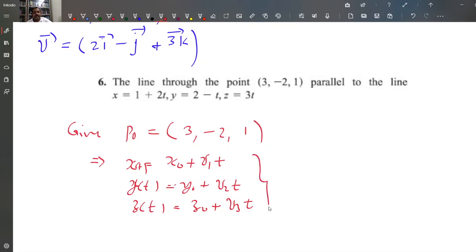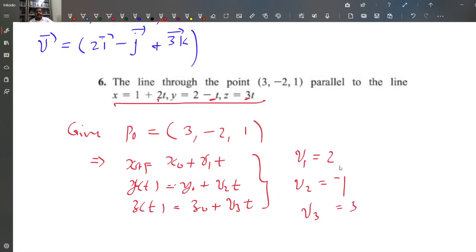So from this, v1 will be 2, v2 will be minus 1, and v3 will be 3.